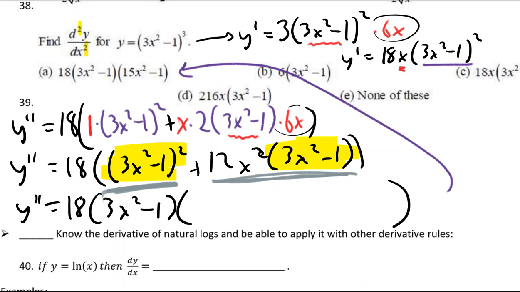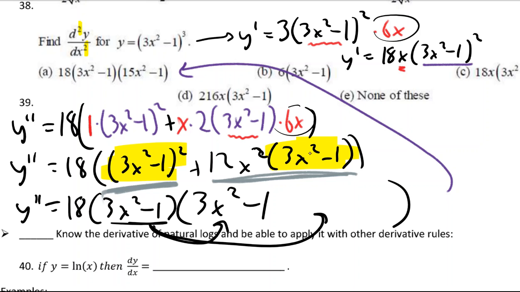Okay. And when you're factoring out a GCF, you're just undistributing. So I need this times this to give me that. So it has one of them, but it needs another one. So that's where that comes from. And then this distributed to this needs to give me this term. So it needs the 12x squared. Got it, okay.